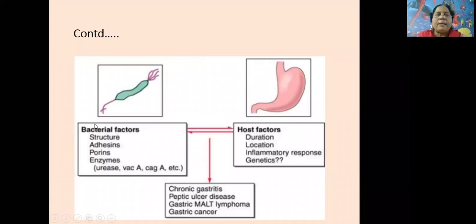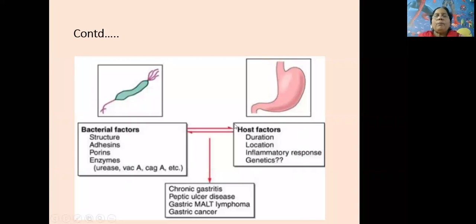There are bacterial factors like the structure of the bacteria: the flagella, the adhesins, the porins, the enzymes like urease, VAC-A the exotoxin, and CAG-A the gene. All that matters. And the host factors: how long the H. pylori is there in the stomach and where it is situated, like in the antrum or whether it has gone to the fundus and the body also, then the host inflammatory response and the genetics of the host.